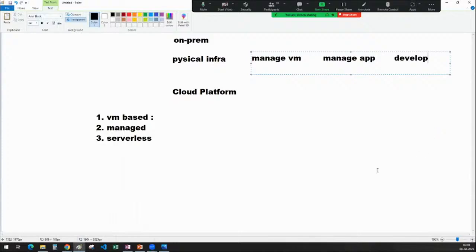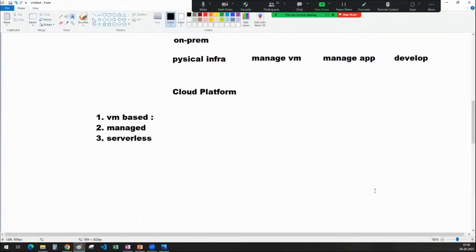In a typical architecture, this is what happens in any company. If someone wants to work on application development, first there is the resources part. One is infrastructure, so we have to take care of the physical infrastructure. If we need a separate development environment for each application, we go for virtual machines.